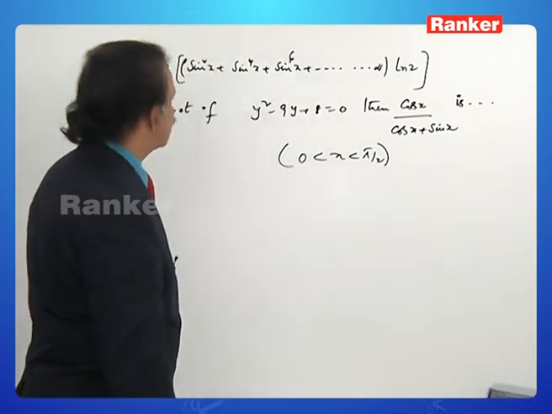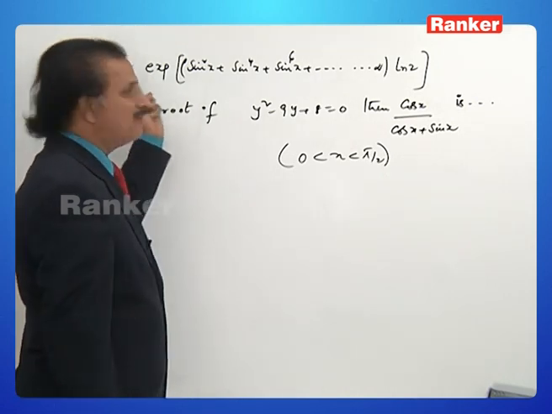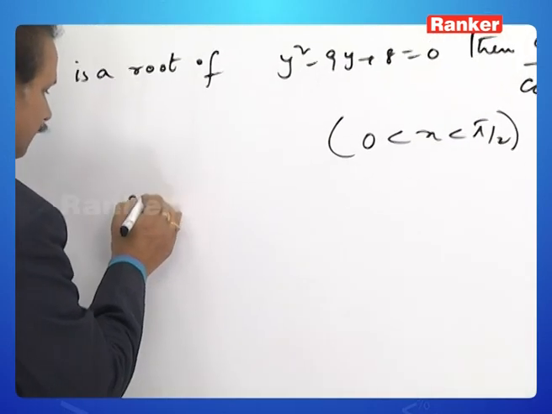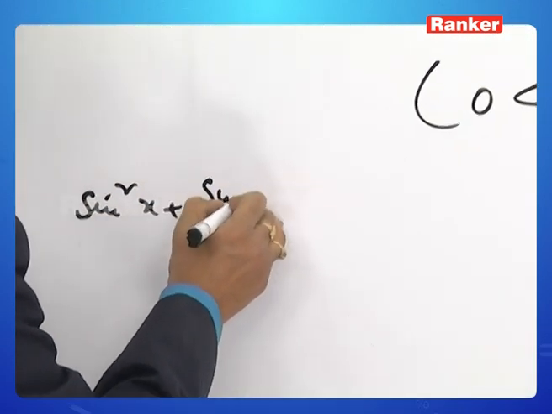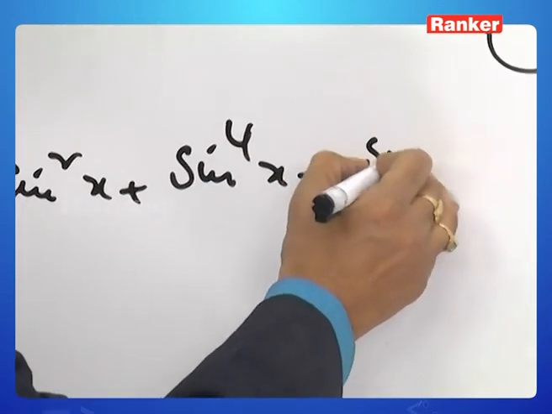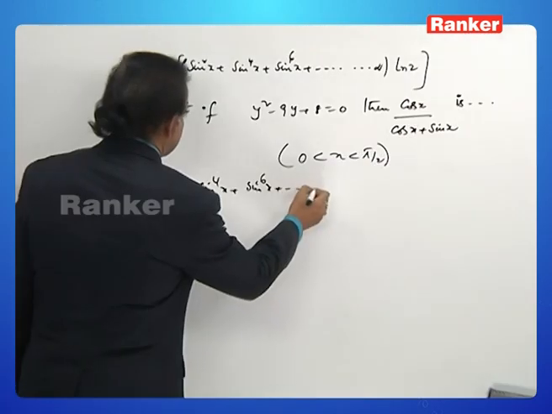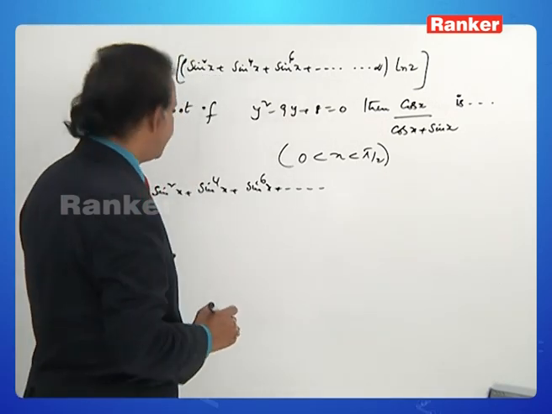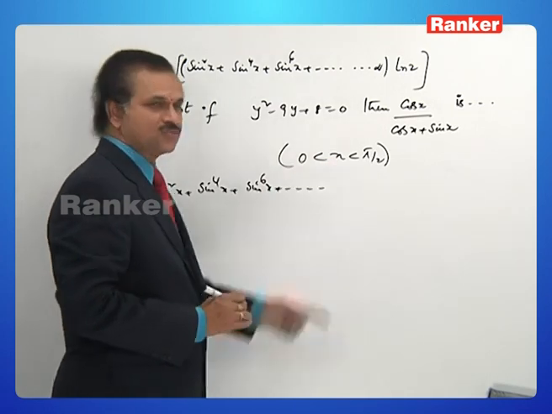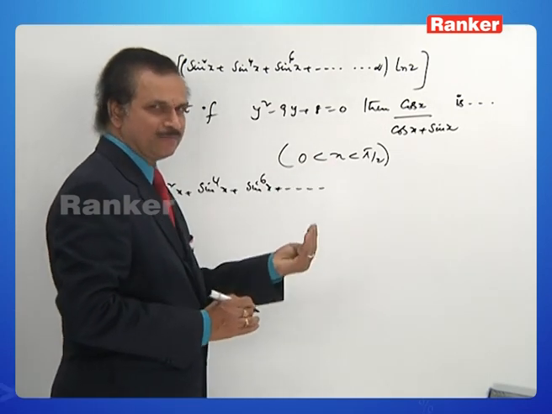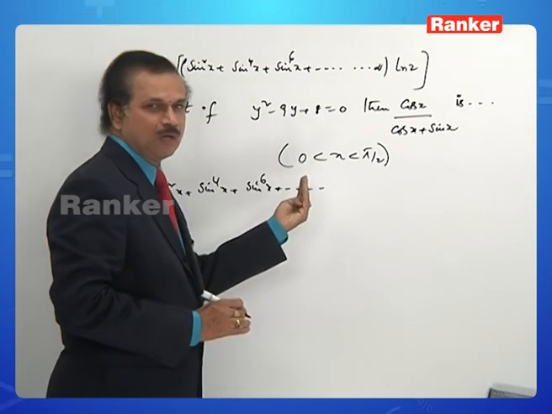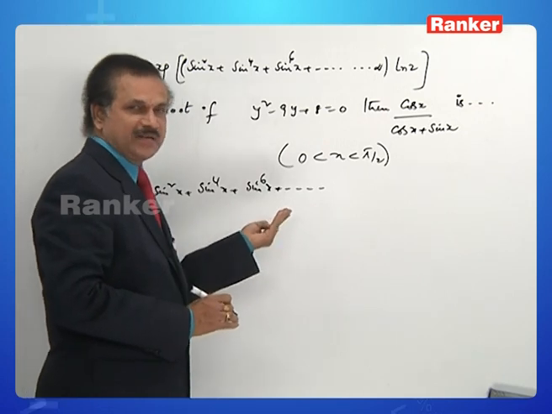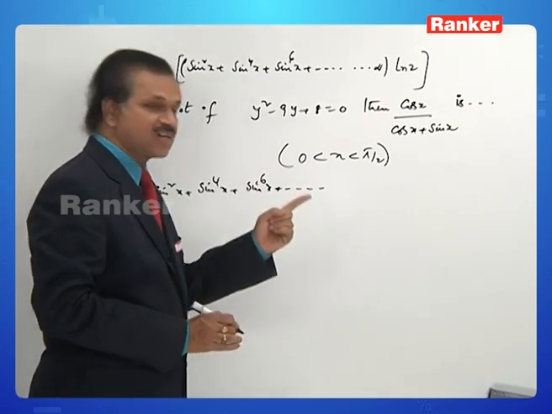Well, first of all, let us simplify this expression. What is that? Sine square x plus sine power 4 x plus sine power 6 x. You can observe this is a geometric series whose common ratio is sine square x, which is less than 1. Why should it be less than 1? Because x lies in the first quadrant, 0 less than x less than pi by 2. Therefore, sine x is less than 1, so sine square x is less than 1. Hence, the common ratio in this geometric series is strictly less than 1.